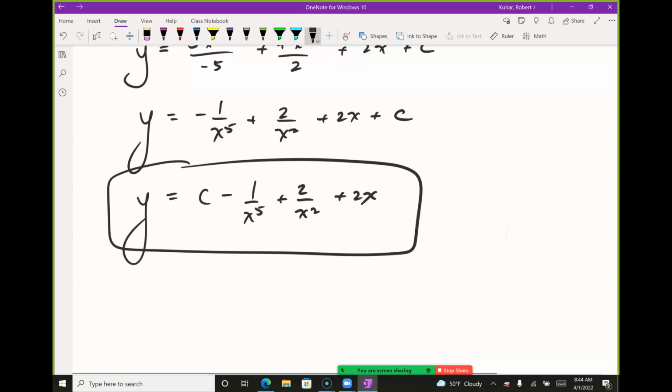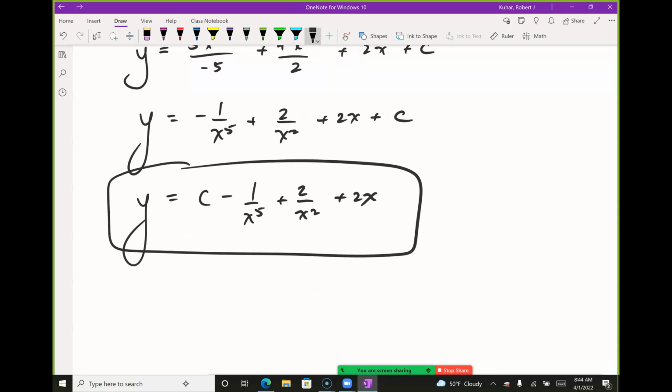Yes, and it doesn't really get much better. So we typically would do that, but leave the constant alone. So I'd get 2x to the 6th plus 2x cubed minus 1, all over x to the 5th, right? And c minus that, or plus that, yeah.